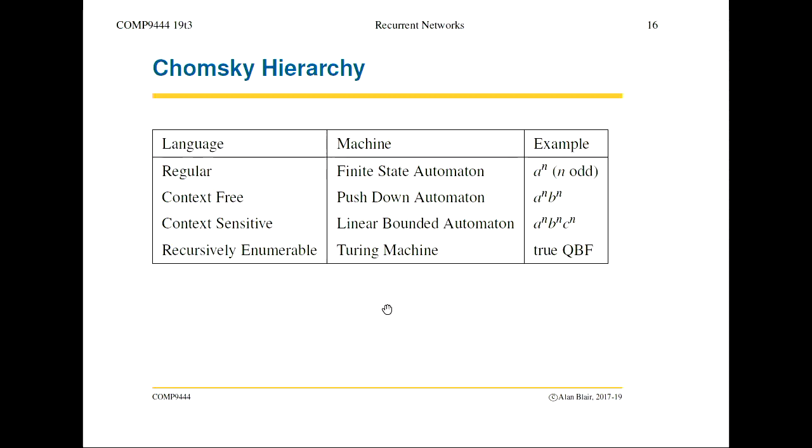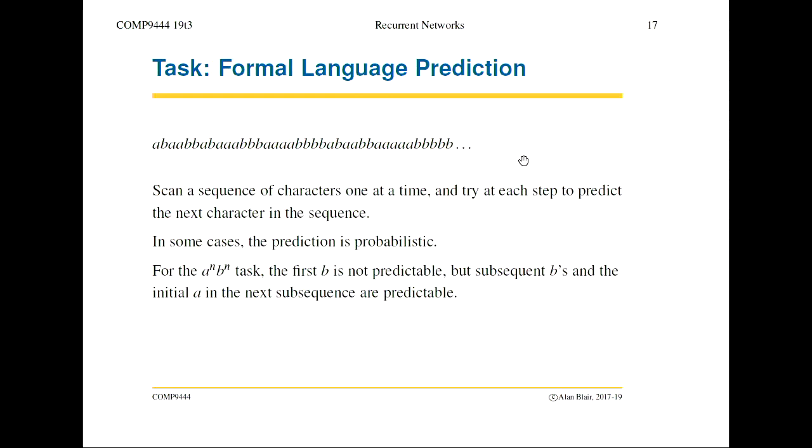And an example of a language which is context-free but not regular is A to the N, B to the N. So what does that mean?